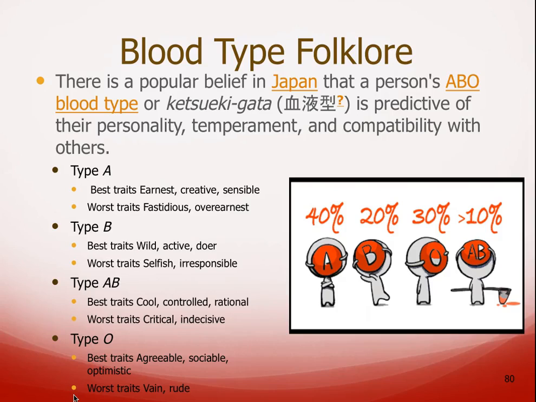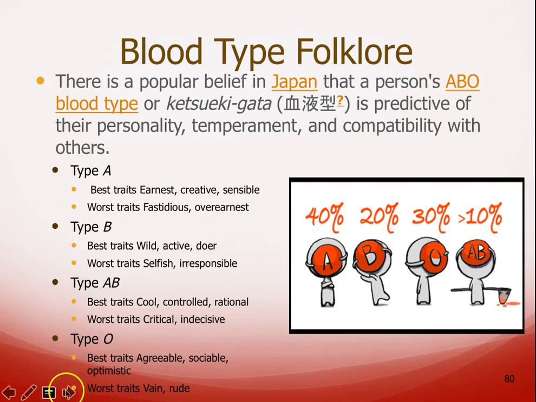Well, they have blood type characteristics. So instead of asking what's your sign, they'll ask you what's your blood type, and they'll say, oh, clearly this person is absolutely selfish, they are a type B blood, right? Again, there's no scientific basis for this. It's just sort of Japanese folklore, kind of like horoscopes are our version of that.